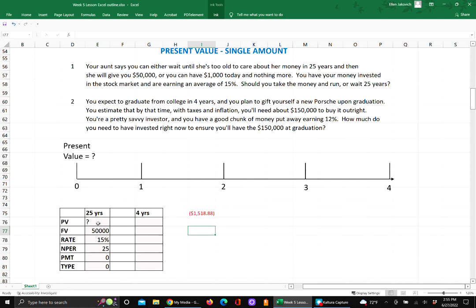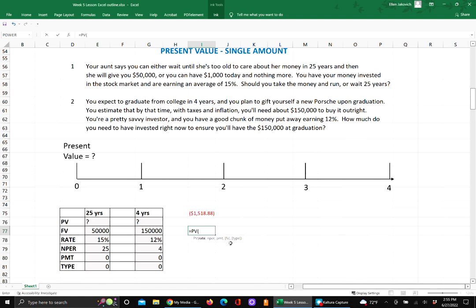So here we go. We're trying to solve for the present value of 150,000 that we need in 4 years. The future value is 150,000. The rate is 12%. The number of periods is 4 years. And again, payment and type are going to be 0. So, just as before, equals PV open parenthesis.